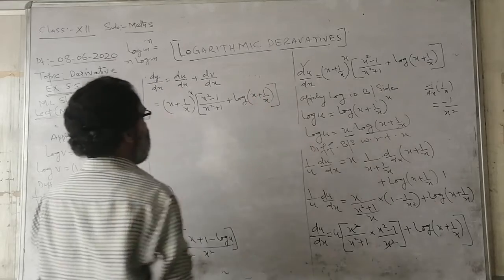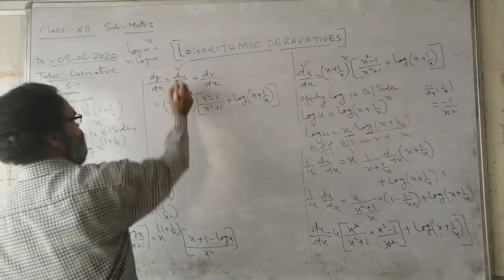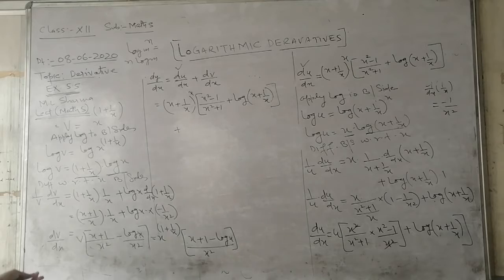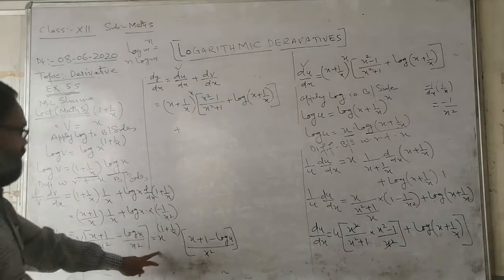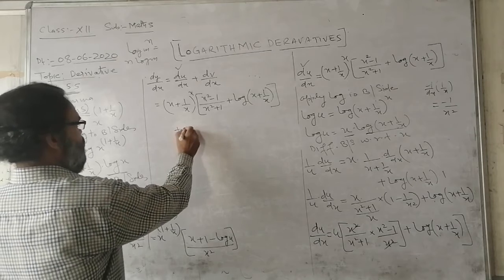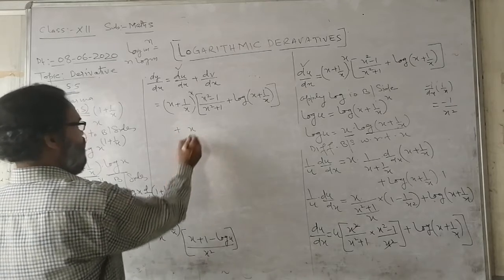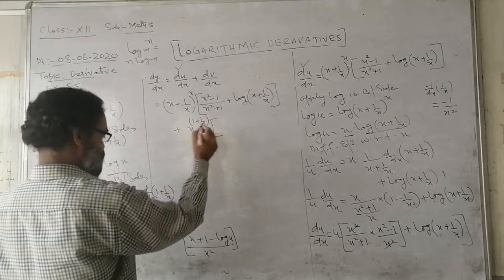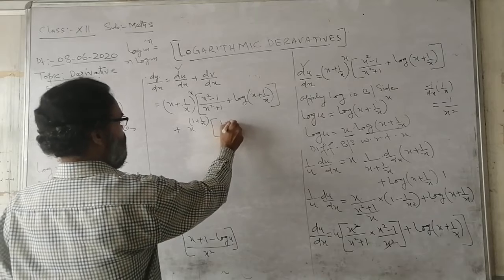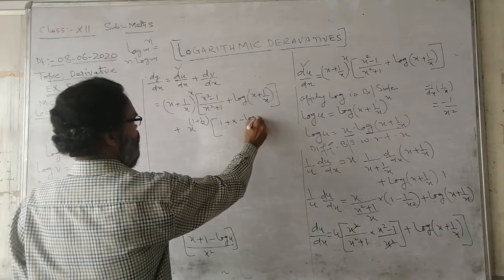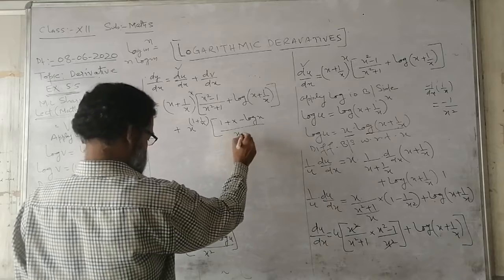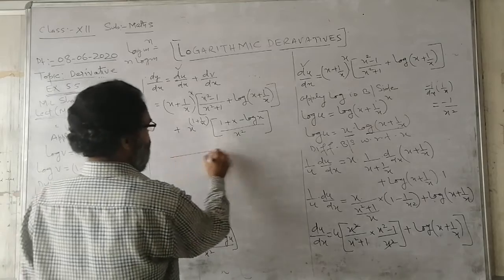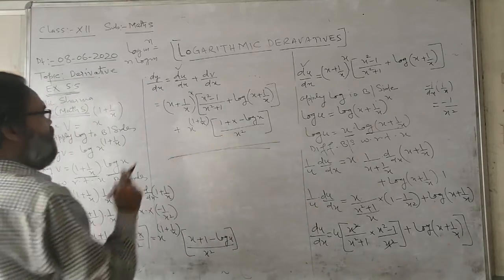So this is the value of du upon dx plus the second value dv upon dx. The value of dv upon dx is here. So I can write x raised to power 1 plus 1 upon x into this value 1 plus x minus log of x upon x square. So this is the final value of dy upon dx.